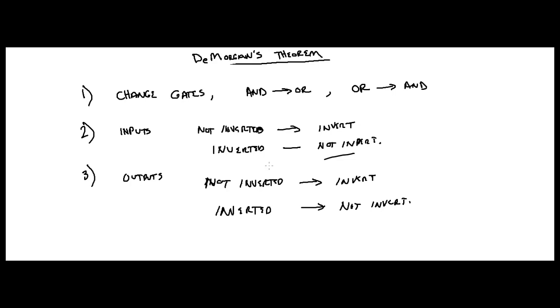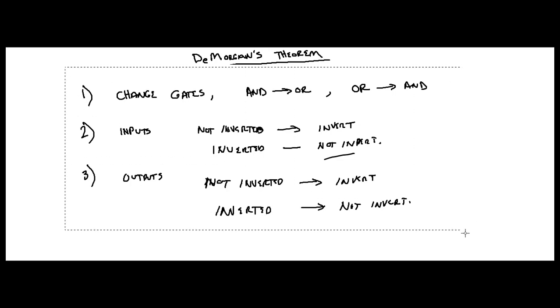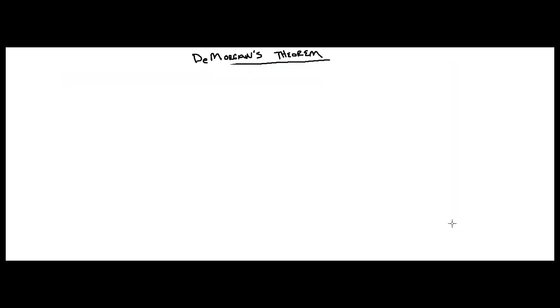Now, it doesn't matter how many inputs you have either. So if you have a gate, let's do one more example. Suppose you have a 3-input AND gate here.